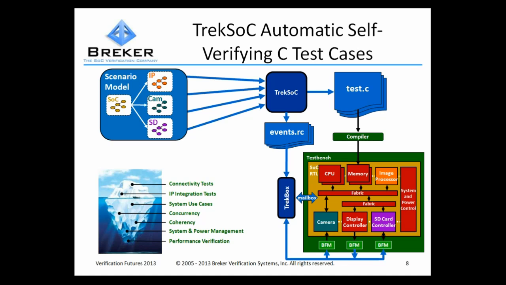You have different scenario models for each of the IPs: for the camera, for the SD card, for the other IPs. And then you have a SOC-level model which controls these lower-level graphs. TrekSoC takes this input and generates the C test cases.